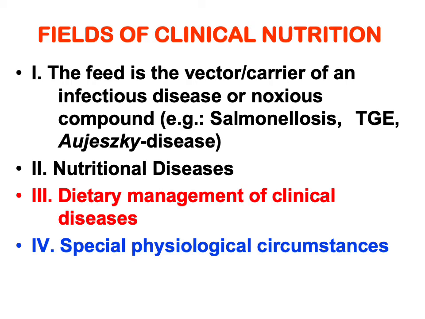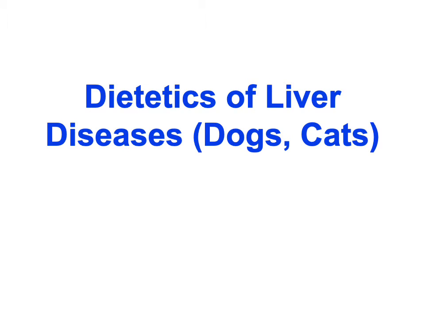But before that, you have to be oriented that in the field of clinical nutrition, we are in part number 3, dietary management of clinical diseases, and we will start with the dietetics of liver diseases of dog and cat. Some aspects have been mentioned before, but this will summarize and enlarge your knowledge.